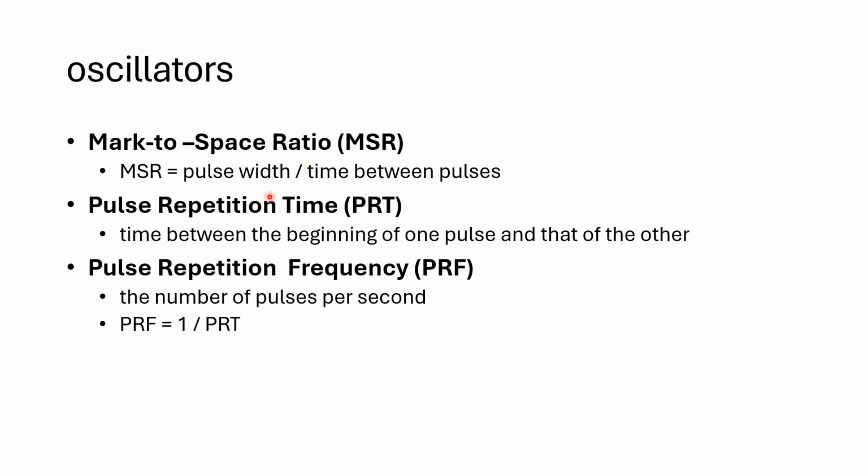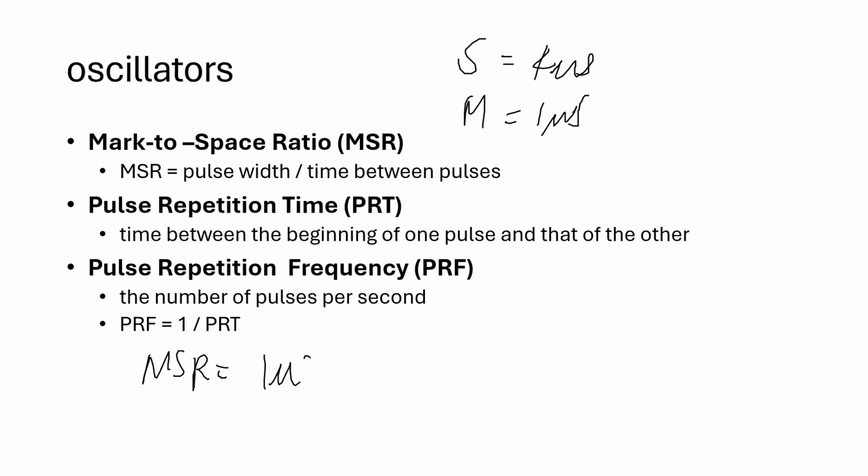From the given example or figure a while ago, we have our space to be 4 microseconds and our mark to be 1 microsecond. So to solve for your MSR, this is simply 1 microsecond divided by 4 microseconds, which will give us 0.25, or a ratio equivalent to 1:4.